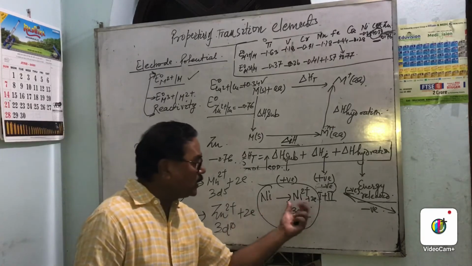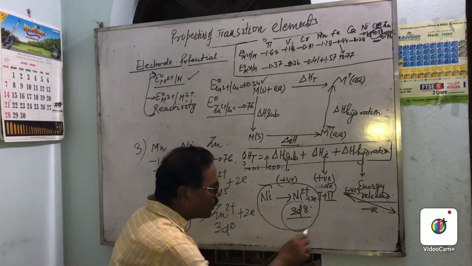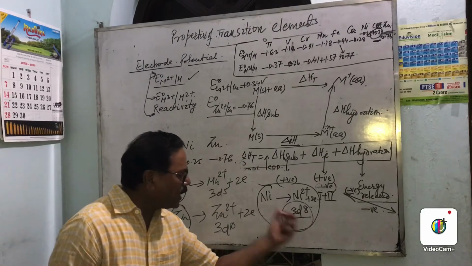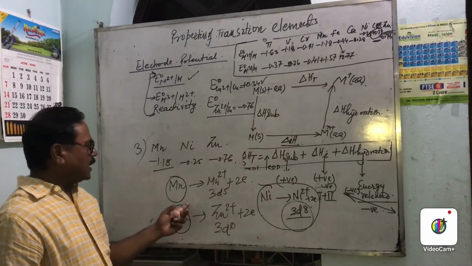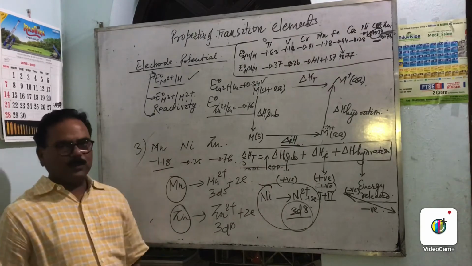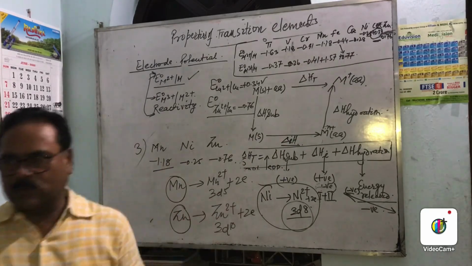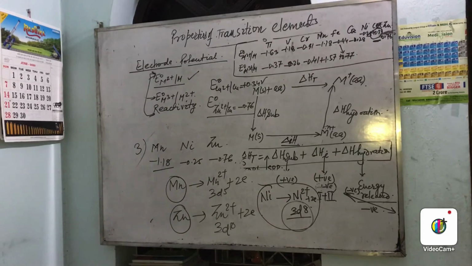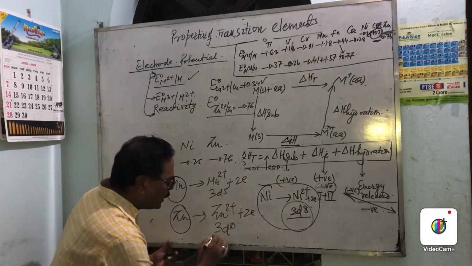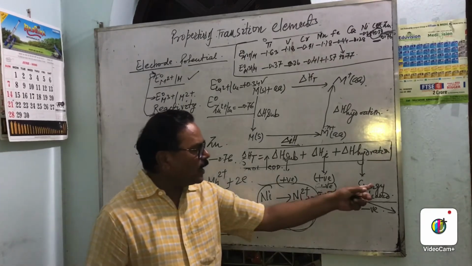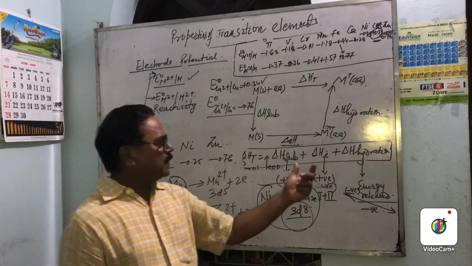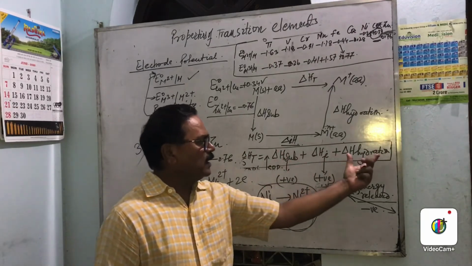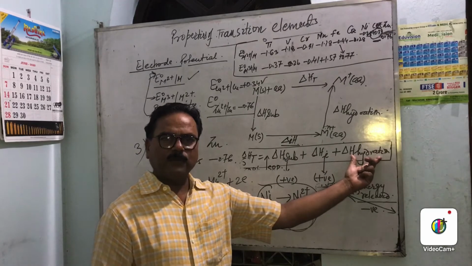What about the nickel 2+? Here there is no stable configuration. Why will it have the negative value? In the question it is asked that Mn, nickel and zinc will have the negative electrode potential value, and this value is due to the high enthalpy of hydration, because the electrode potential depends not only on these two factors, it also depends upon the enthalpy of hydration.